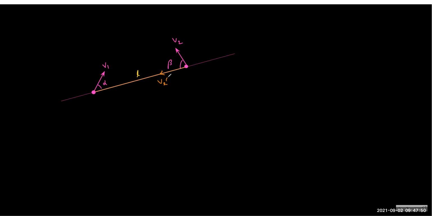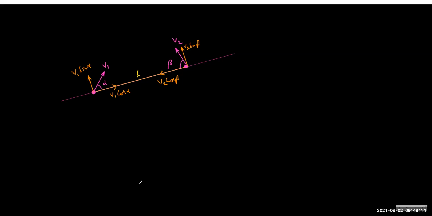This is V2 cos beta, right? And this is V1 cos alpha. But we can also resolve perpendicular to the line joining them. So what we can write here? This is V1 sin alpha. This is V2 sin beta.